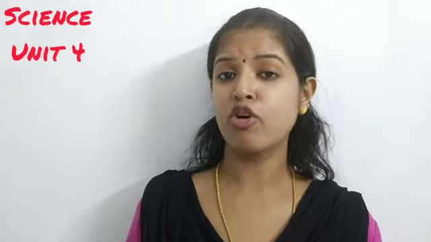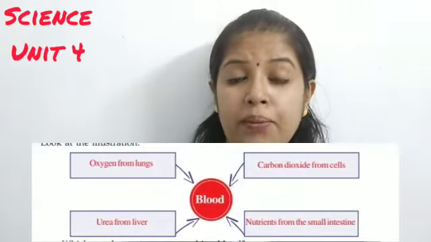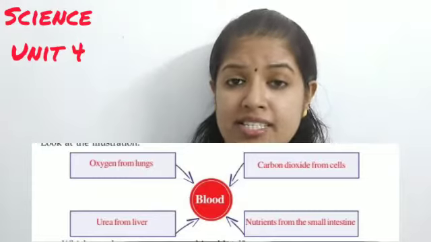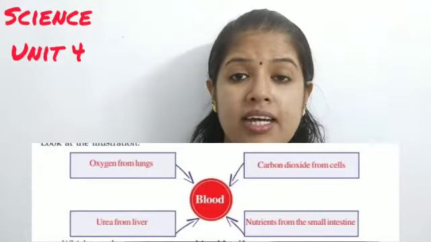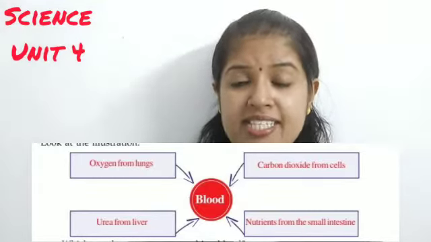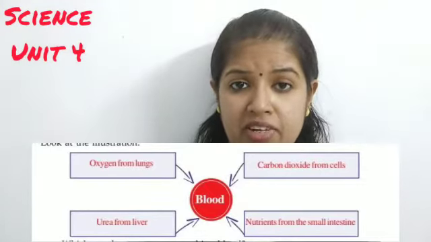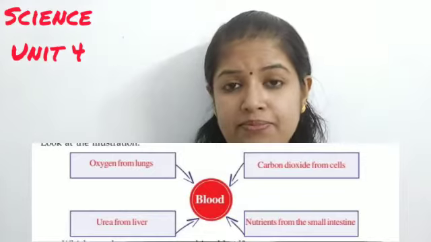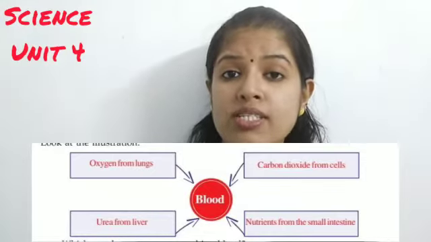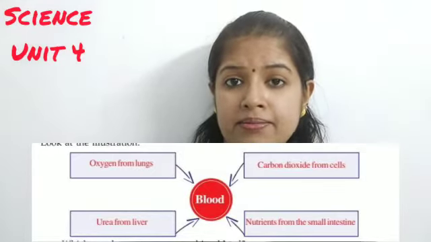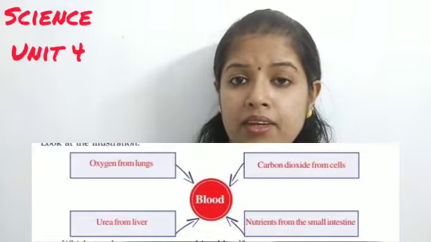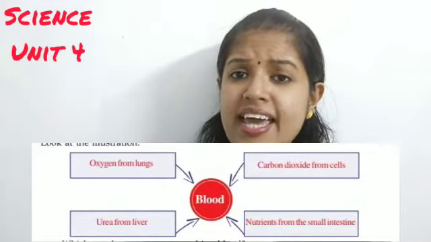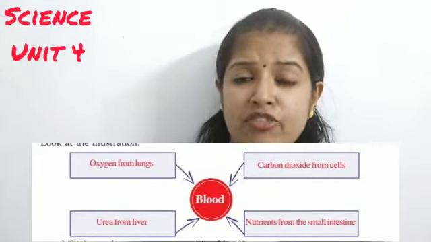You can see a flow chart, children. Blood: oxygen from the lungs, carbon dioxide from cells, urea from the liver and nutrients from the small intestine. This all goes into the blood. Now, which is the essential thing needed for our body?